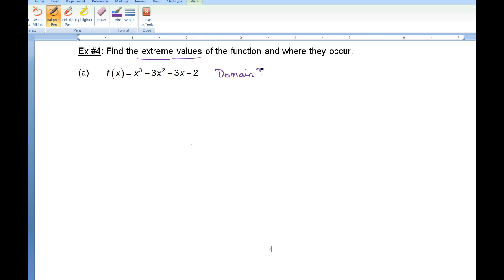Okay, domain. We talked about this. So we don't have endpoints to check this time. Okay, all right, so just go ahead and find the derivative there.